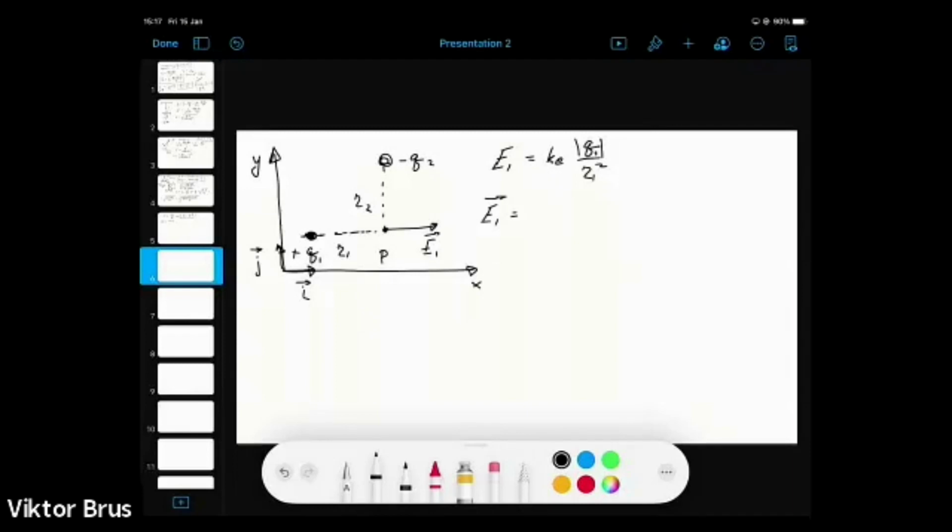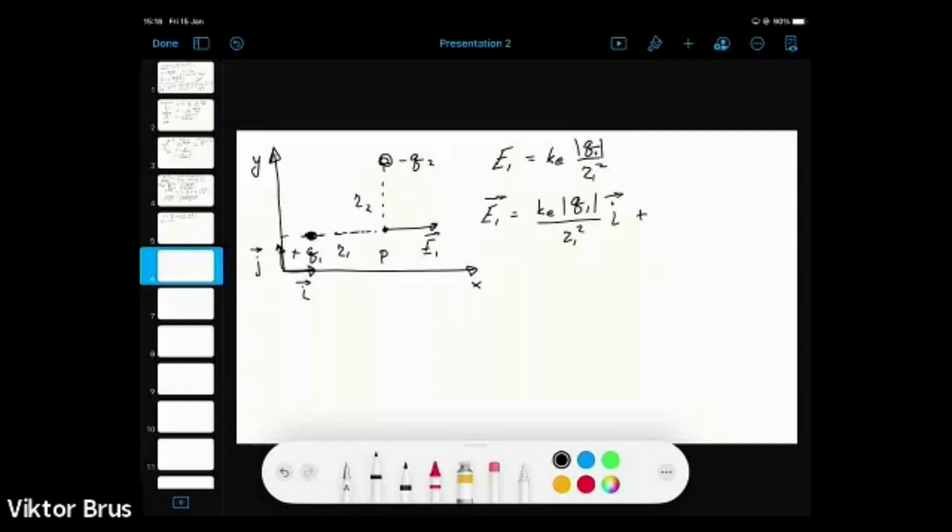It's actually the full length of this vector, its amplitude, because this vector E1 is parallel to axis X. So we can write Ke times the absolute value of Q1 divided by R1 squared times I vector, the unit vector along axis X. Then we also need the projection of this vector on axis Y, because we have two coordinates.